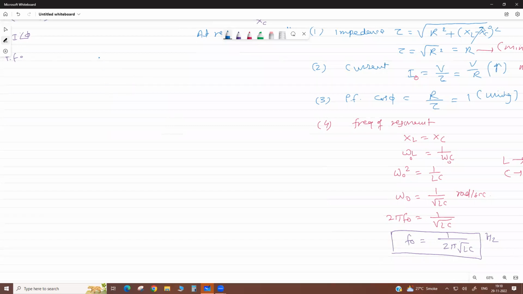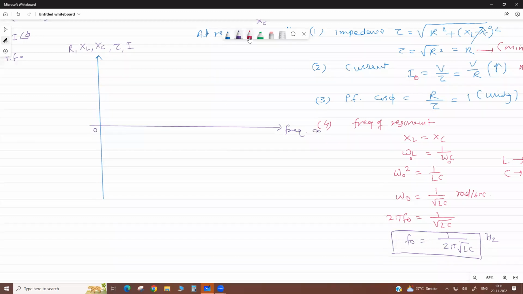Now suppose we take the different circuit parameters: resistance, inductive reactance, capacitive reactance, impedance, current, power factor. On this axis we take frequency, and we vary the frequency from 0 to infinity.